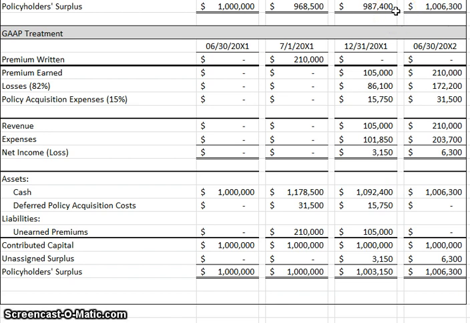So just let yourself imagine how this valuation difference would be for a typical insurance company with many sold policies rather than just one. And SAP's focus on solvency versus GAAP's going concern perspective becomes glaringly obvious.